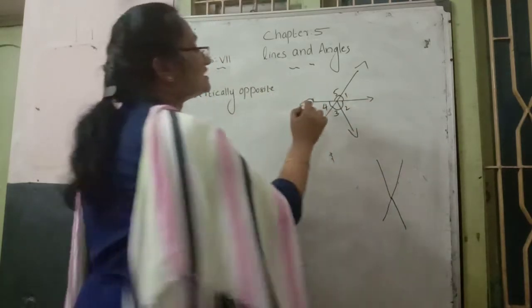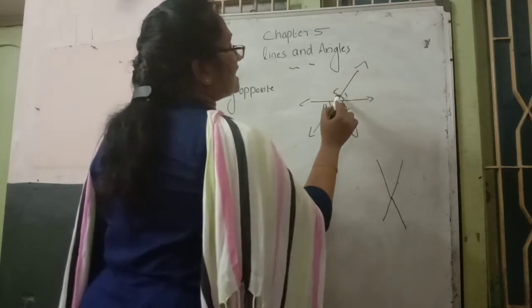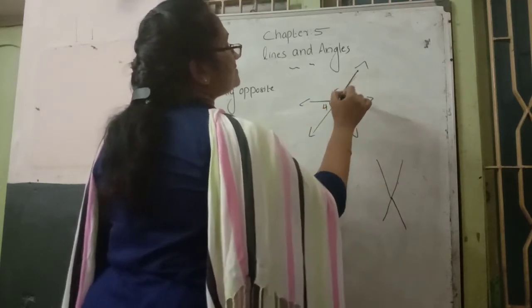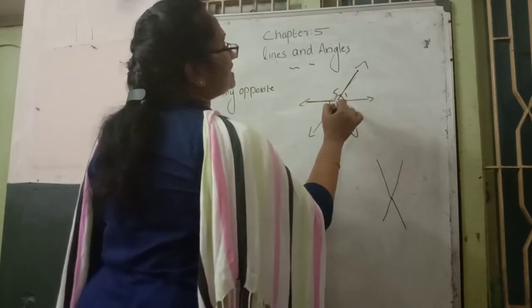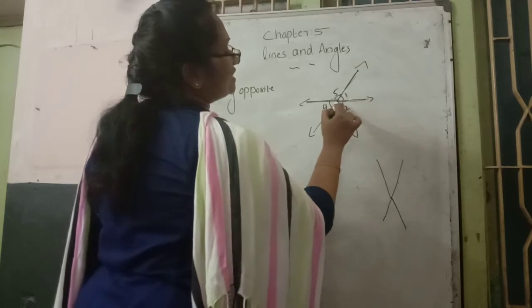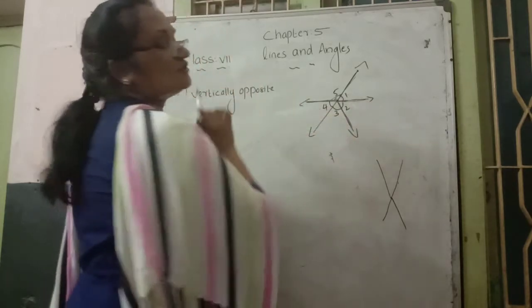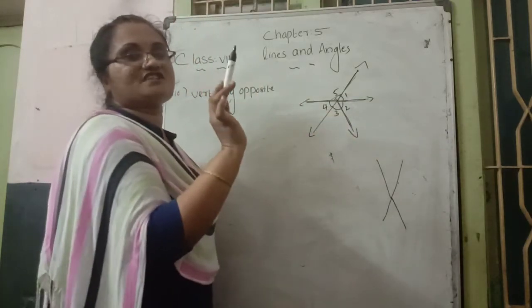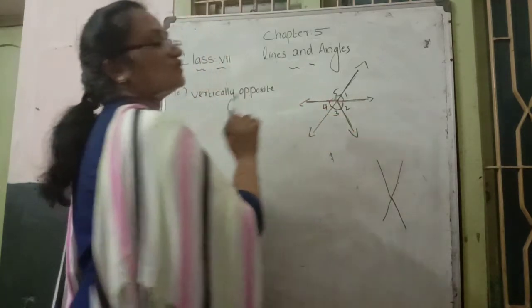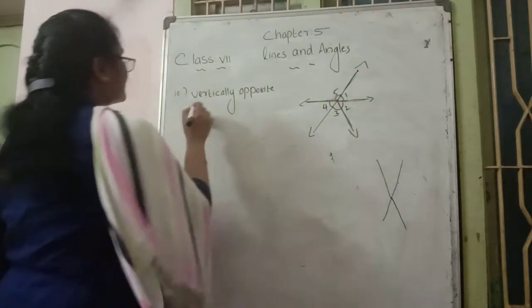What is the reason? Angle 5 has more width. See, these two arms have a joining part with more width here, while angle 2 is this much only, that is less than angle 5. That's why they are not vertically opposite. Which is vertically opposite? 1 and 4 are vertical, so we can write it as the answer.